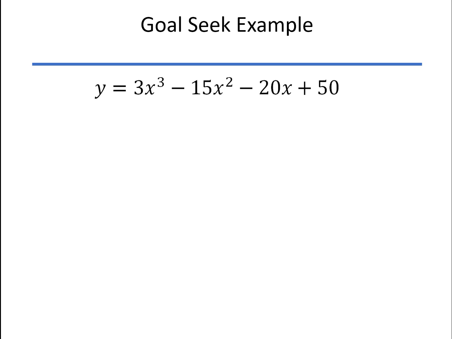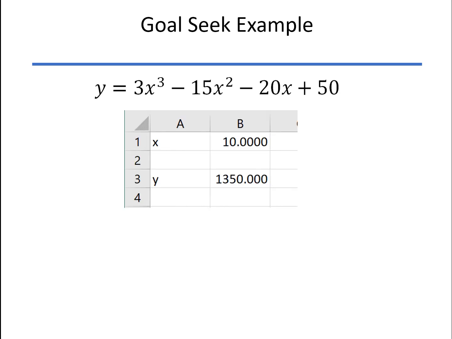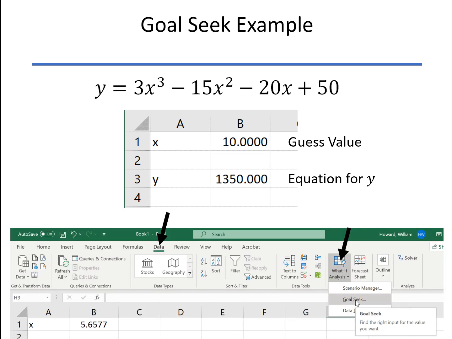Here's the equation that we looked at earlier in the last video. We know that there's three roots to this equation, and to set this up in Excel, we simply make a cell for x, our guess value, and we put that equation into a cell for y. Goal Seek is available under the Data tab and the What If Analysis tools.